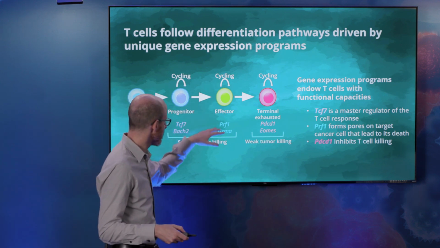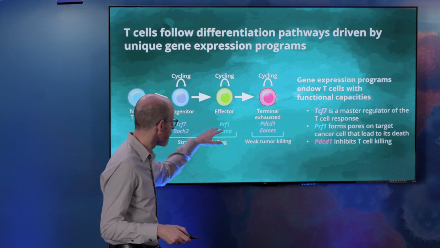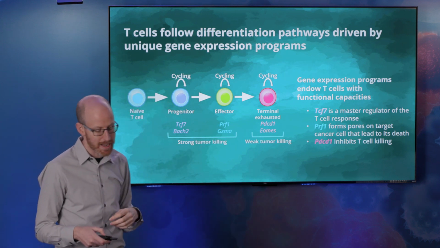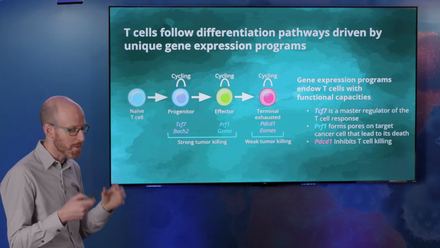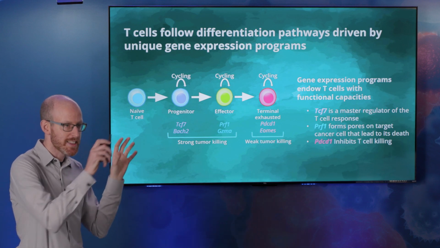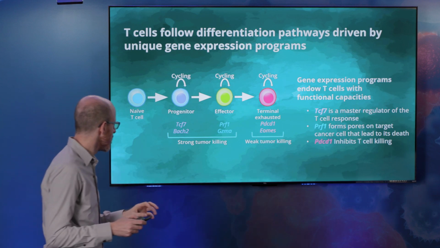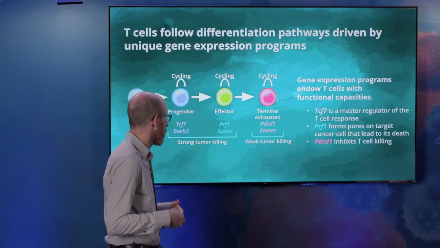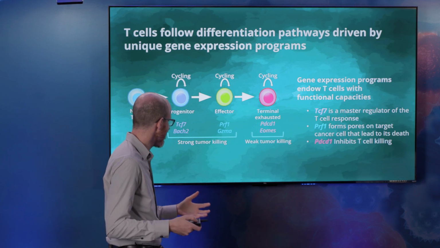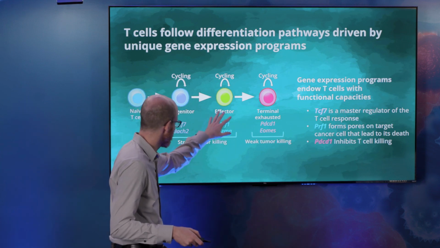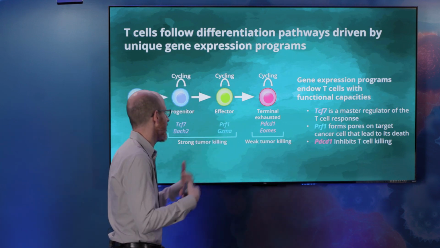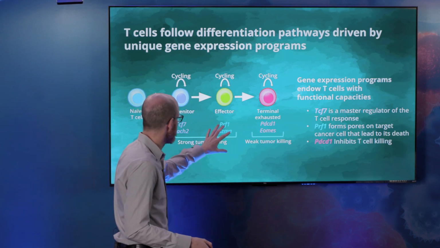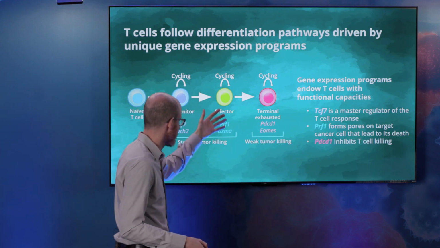Likewise, in the effector T cells, we see high levels of expression of PRF1. This is a gene that's important for forming pores on target cancer cells that lead to the death of the cancer cell. So that's a gene that we already know is important for the effector T cell killing activity. So when we see high expression of PRF1, high expression meaning high numbers of RNA molecules, we know that that T cell is in the effector state.